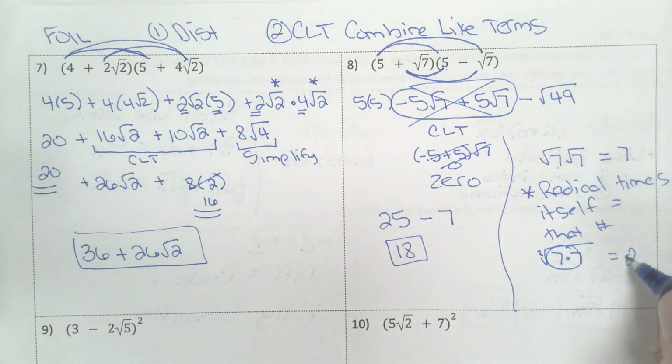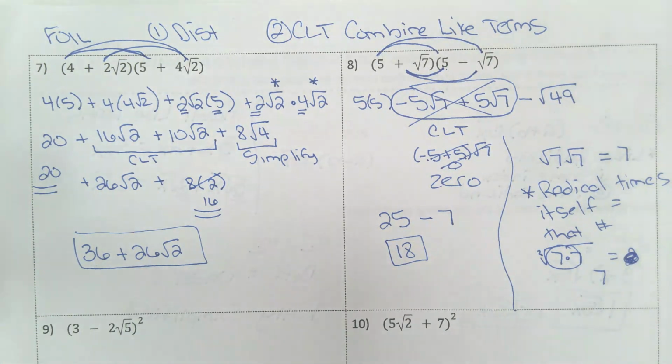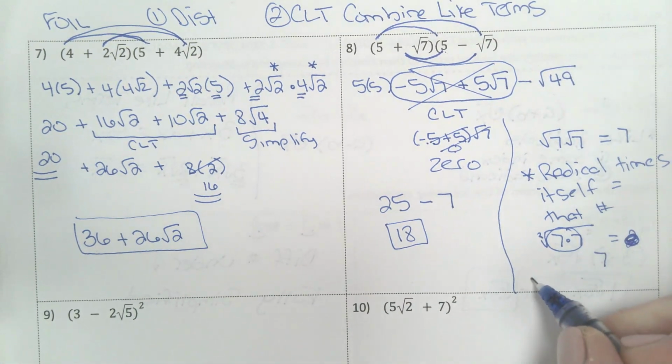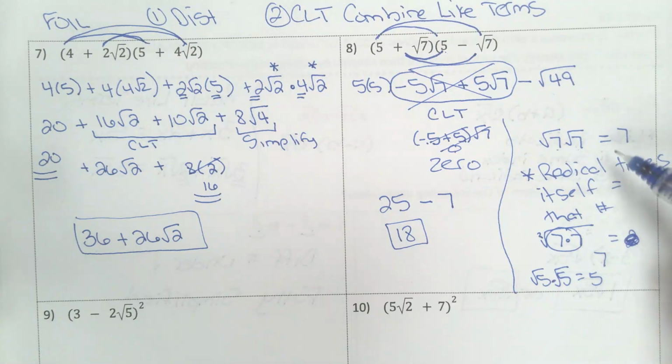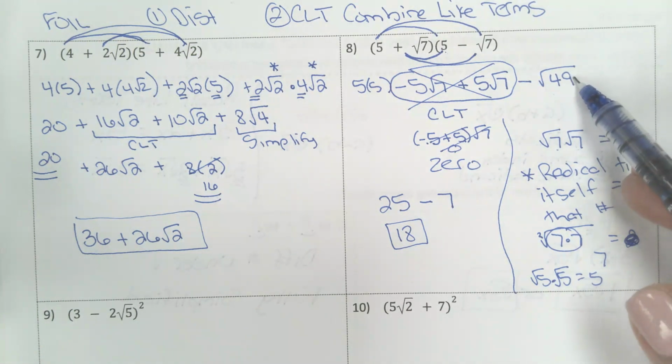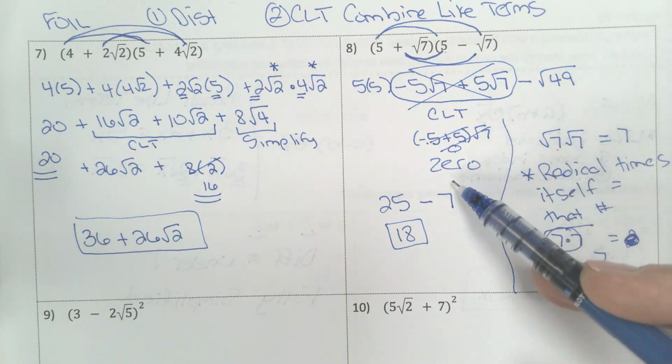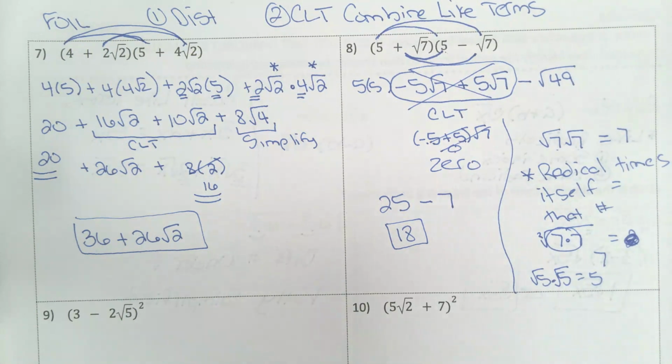So you just get a regular 7. So if you have like the square root of 5 times the square root of 5, that's just 5. If you learn this shortcut, that's great. If this does not agree with you, then just multiply the numbers under the radical and then take the square root of the number. You will get the same answer every time.